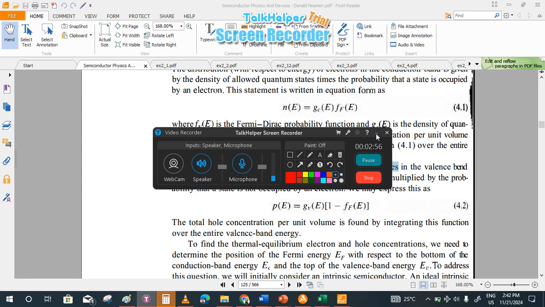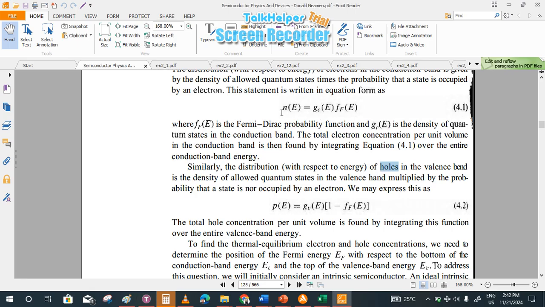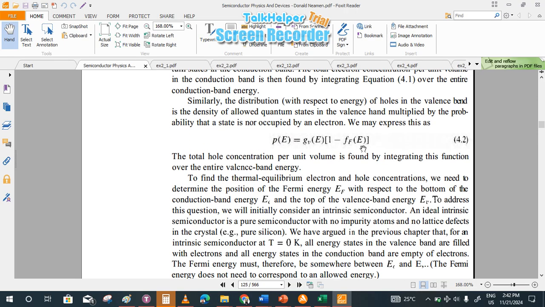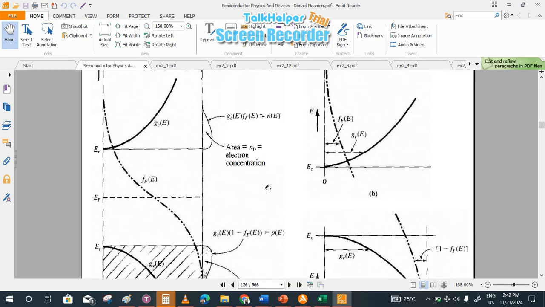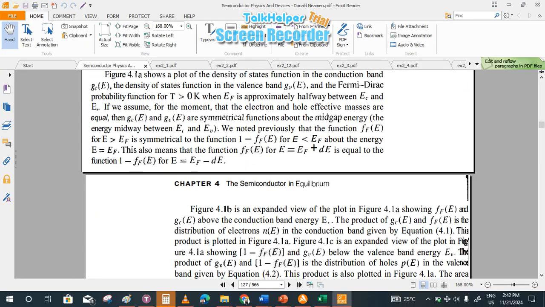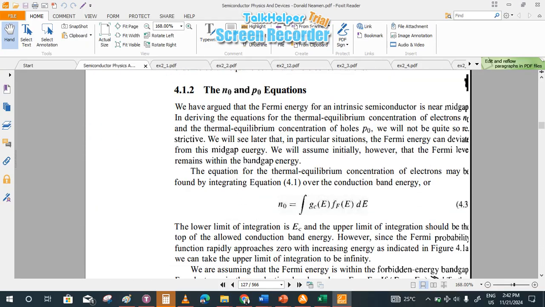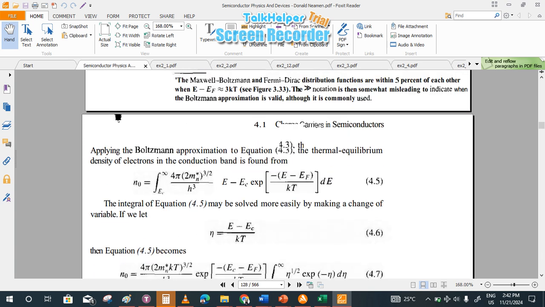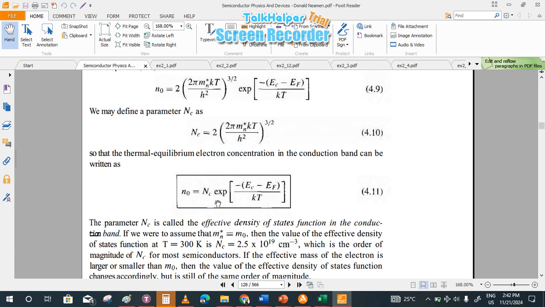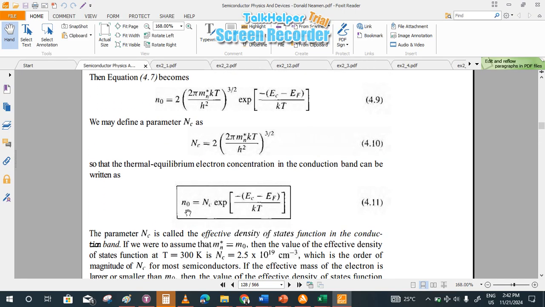All right, so the concentration of electrons is this times this. Therefore, holes, I explained in class, it is this valence, and then it's 1 minus Fe, because if there's no hole, there's electron. If there's no electron, there's hole. So we have this equation to ultimately give us this: the concentration of electrons is nc exponential this exponential.